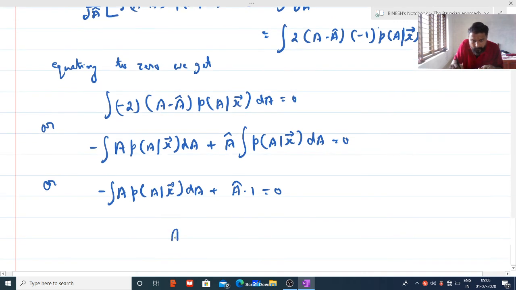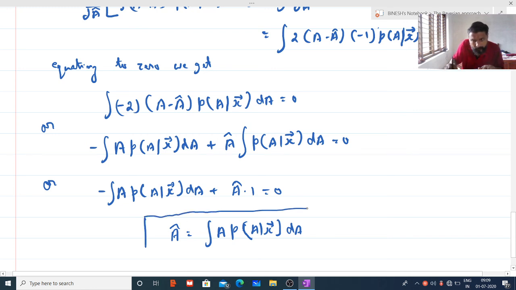So A cap is nothing but the integral of A P of A given x dA. Make this in a box. That is the estimated value for A cap.